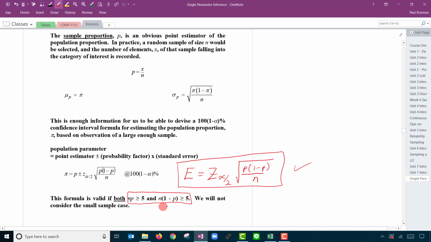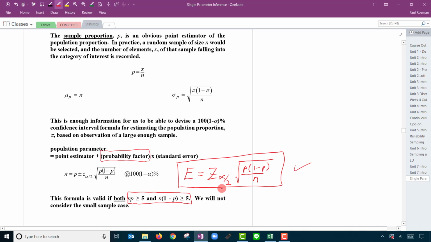Basically, this is allowing us to use this z-distribution. Our probability factor would have to be a binomial distribution factor if we weren't meeting these conditions. But once we meet these conditions, our binomial distribution will be enough like a normal distribution that we can use a z-distribution for our calculations.